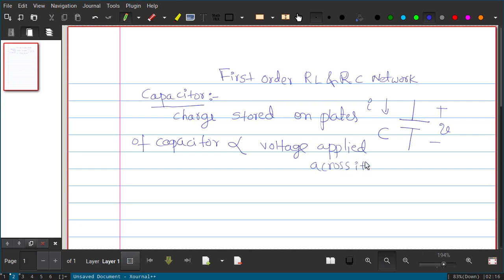If we apply more voltage across the capacitor, then we will see more charge getting stored, or getting accumulated, on the plates of the capacitor.